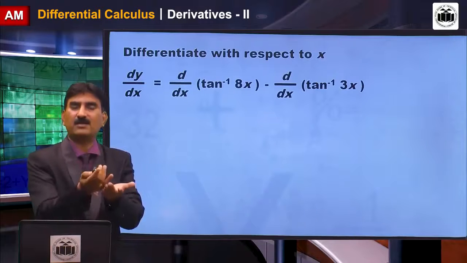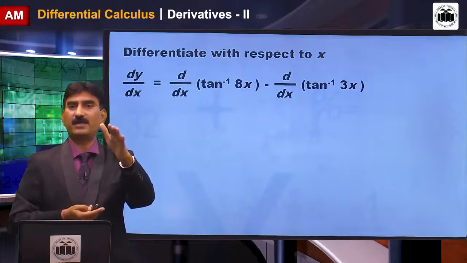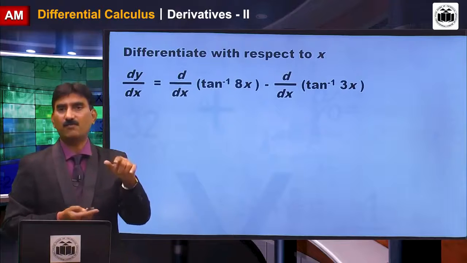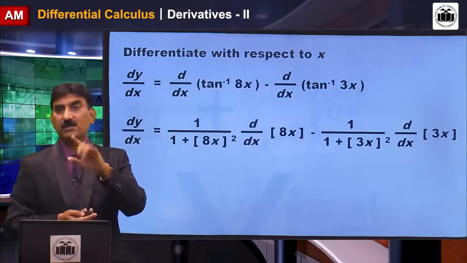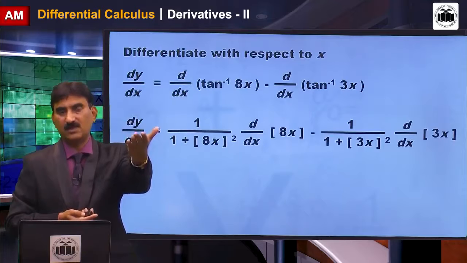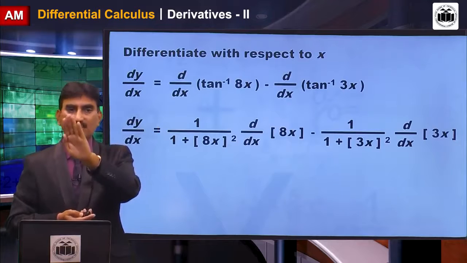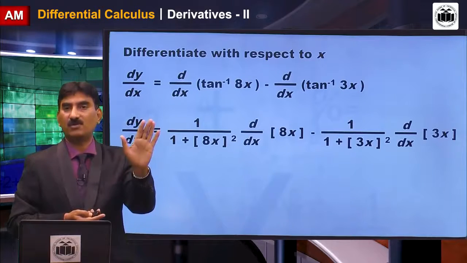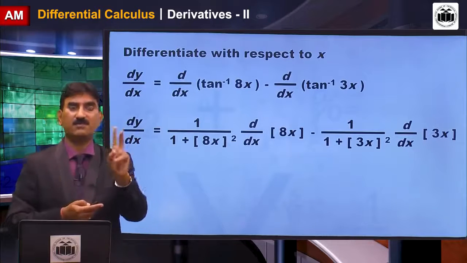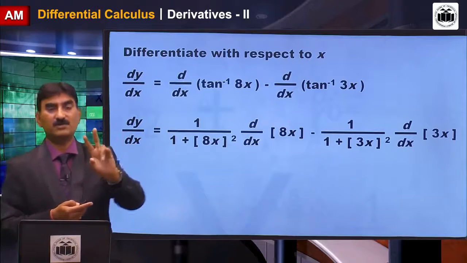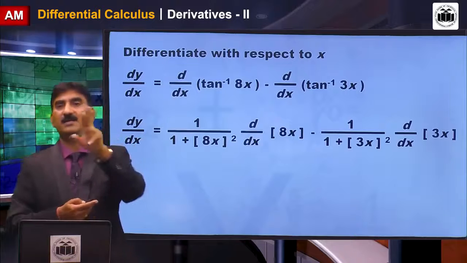In the similar manner, derivative of tan inverse of 8x is 1 upon 1 plus 8x square into again. अगर आप 8x का डेरिवेटिव लिखना भूल जाएंगे तो आपका प्रॉब्लम रॉन्ग हो जाएगा. सो यू टेक केयर.